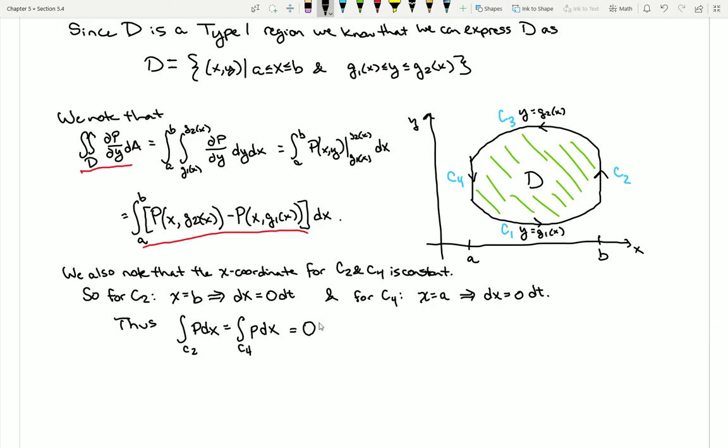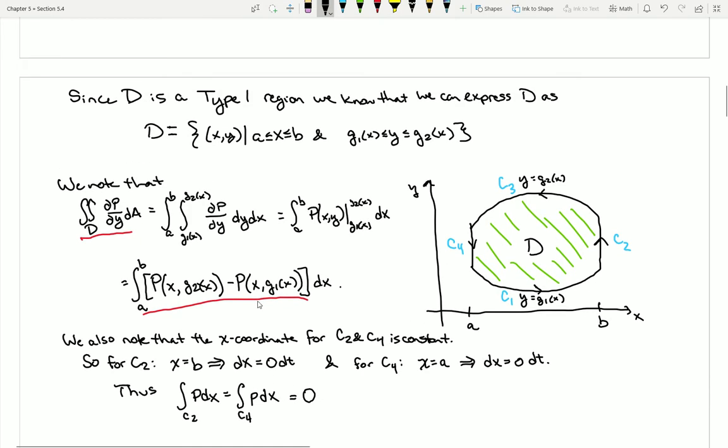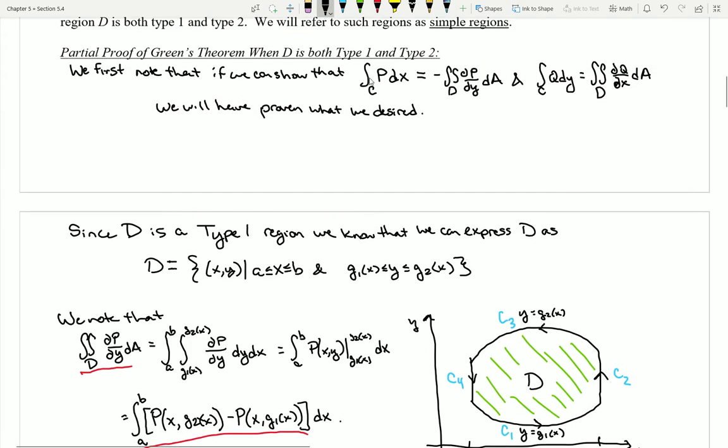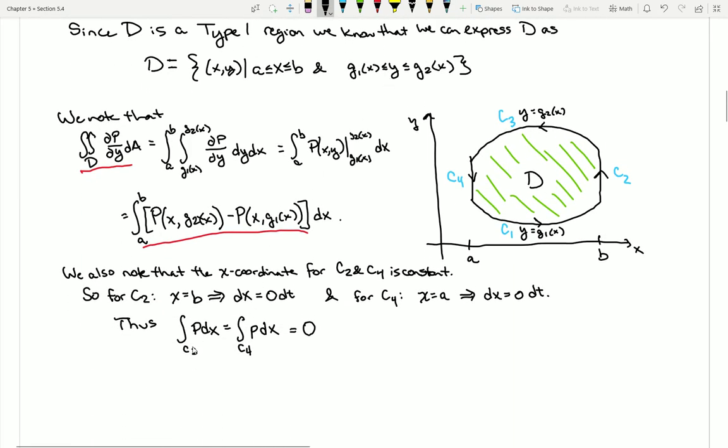So I can see that the line integral, again, that I'm interested in computing is this line integral around the entire thing for p, and I can tell that at least along these two sides, that line integral equates to 0. So let's figure out what the line integral is going to be along the other two sides.